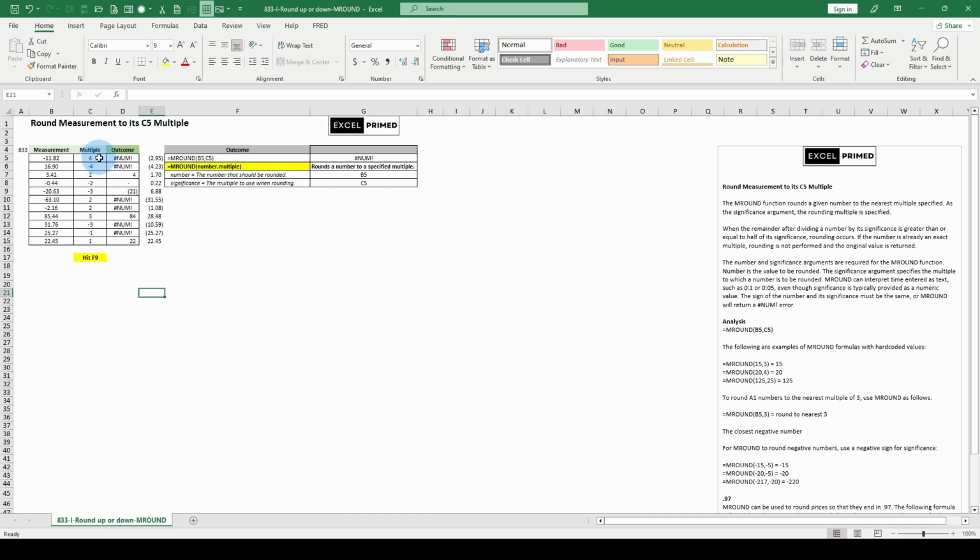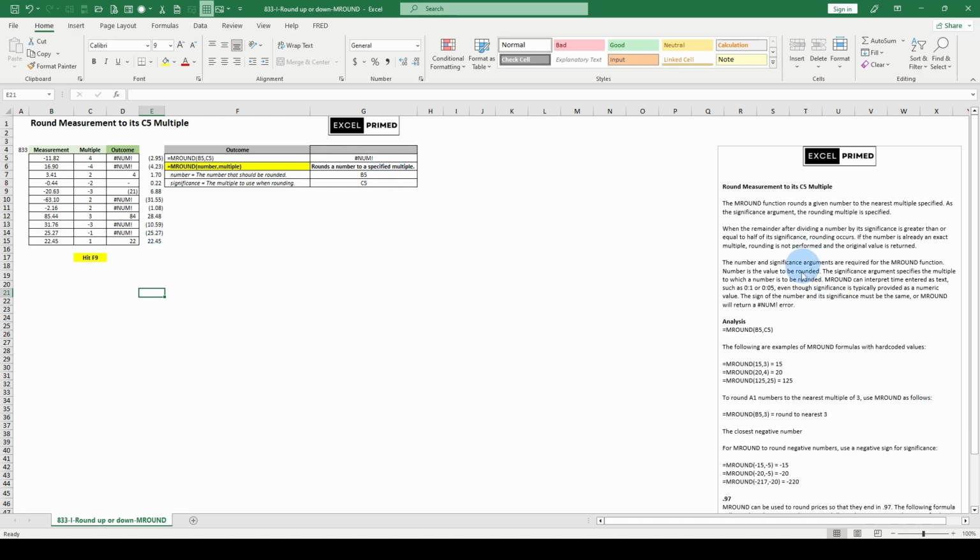A random positive number into the measured number won't work. The other way around, a positive measurement and a negative number, won't work in this particular example. MROUND rounds up. Keep that in mind.